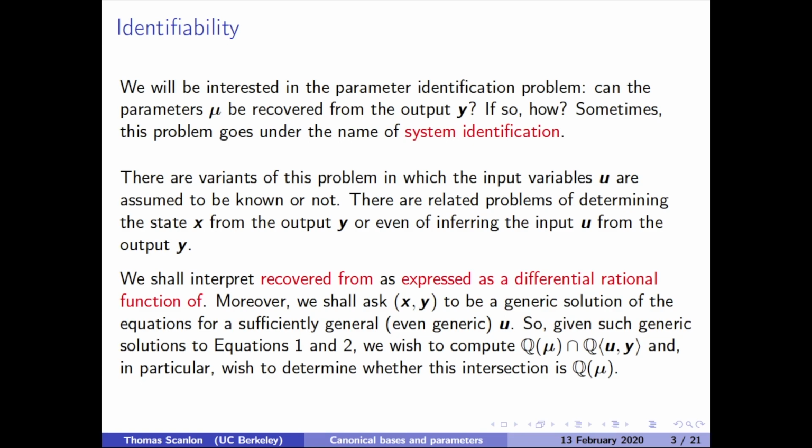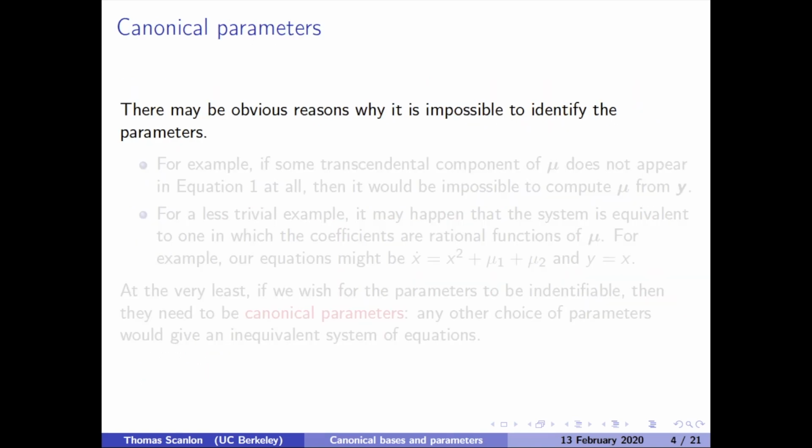How much can you recover about the parameters? And that would be the question of, can you just compute what this field happens to be? If it's not everything, what is it? And so those rational functions of the basic parameters we'd call the identifiable parameters in the system, and we're looking to identify those.